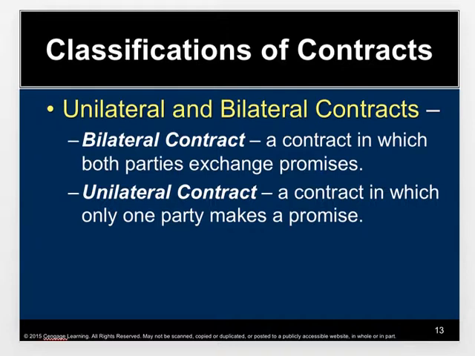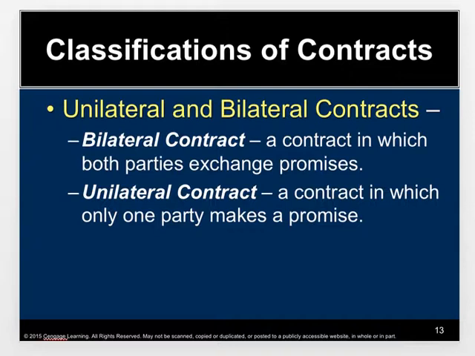In a unilateral contract, it's a contract in which only one party makes a promise. So, in other words, an example of a unilateral contract would be the smoking example that I gave you before.